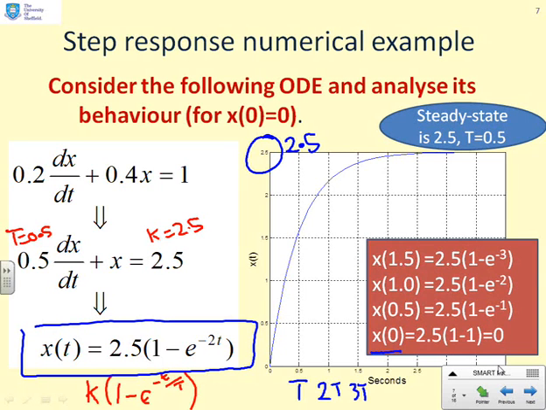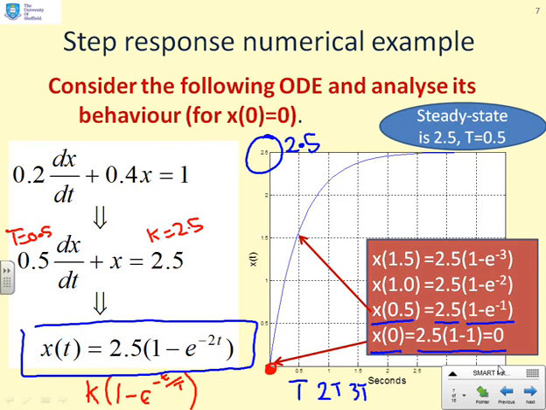x of 0, I get 2.5 times 1 minus 1, which is 0. So let's mark that. There's my start point, 0. Next, what I'm going to do is calculate x at the first time constant. So x of 0.5 equals 2.5 times 1 minus e to the minus 1. And here we go. That gives me this point here.